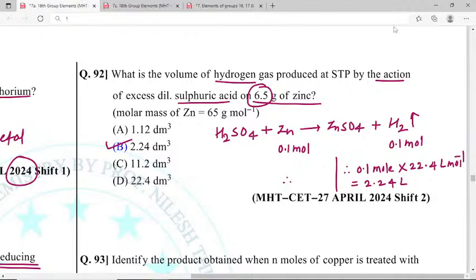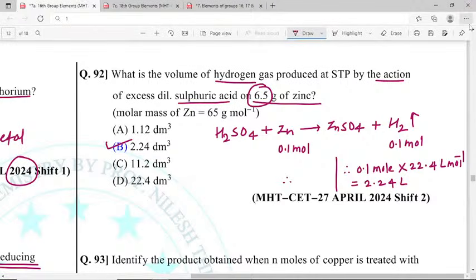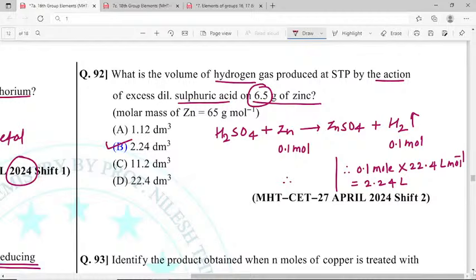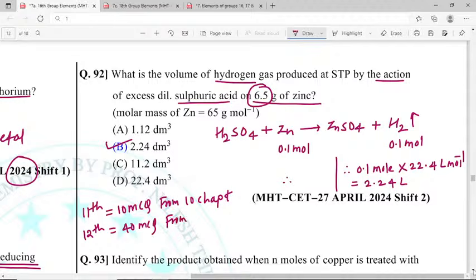No need to do a deep study of 11th, because from 11th there are only 10 MCQs from 10 chapters. From 12th there are 40 MCQs from 16 chapters. So the total is 50 MCQs.